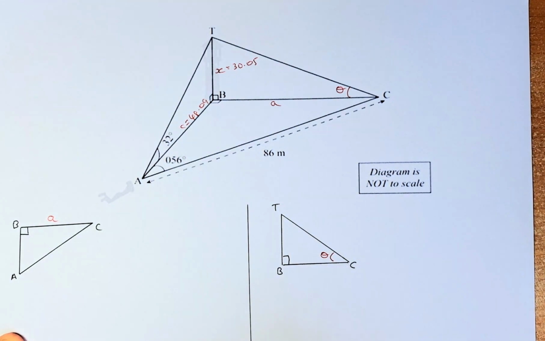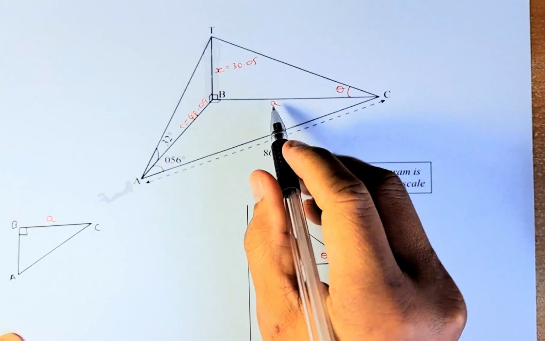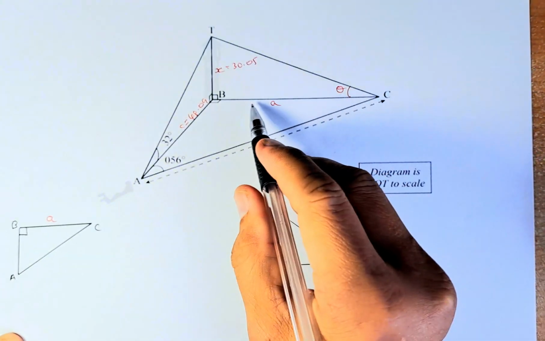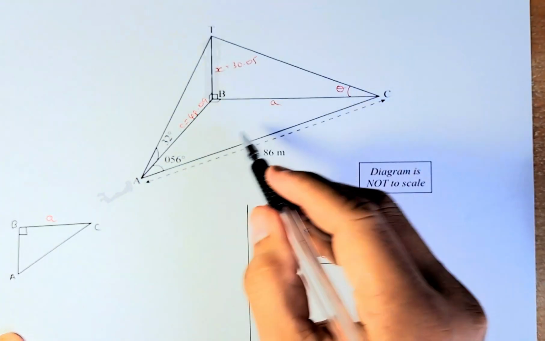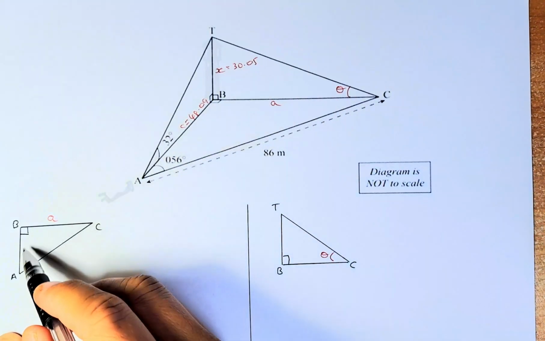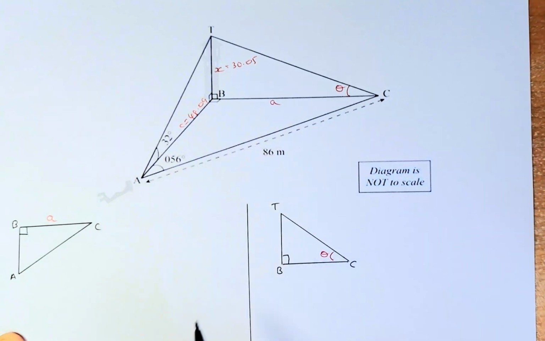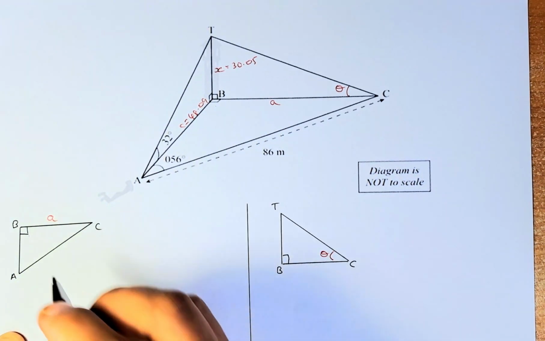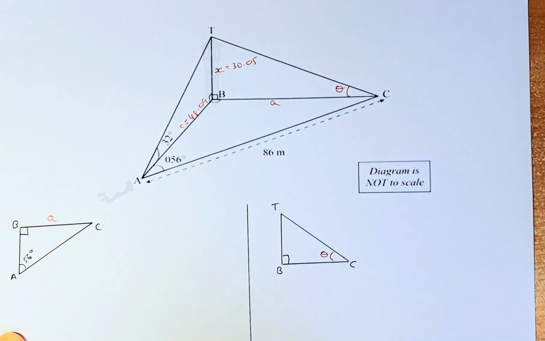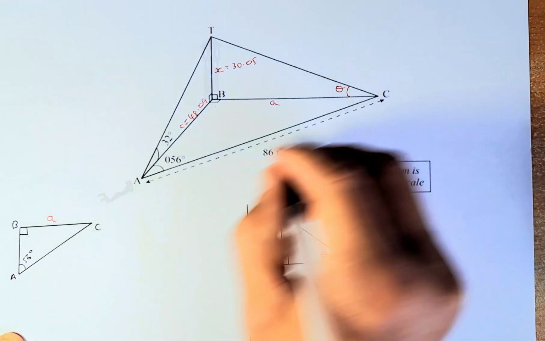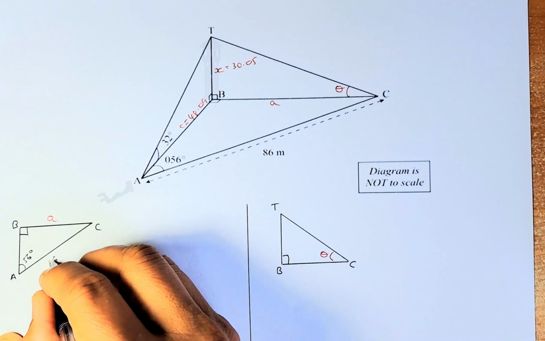To do that, we need to find the length A, because we need one more side to be able to calculate the angle. To find A, we use the triangle ABC again, where B is at 90 degrees. A is the unknown, angle A is 56 degrees, and the hypotenuse AC, the longer side, is 86 meters.